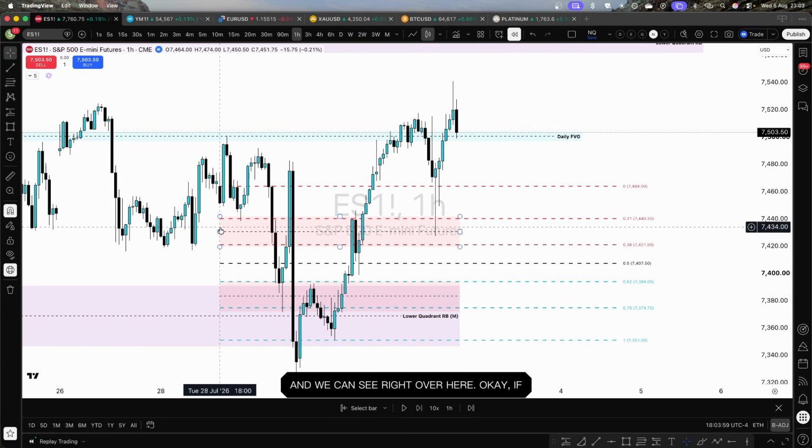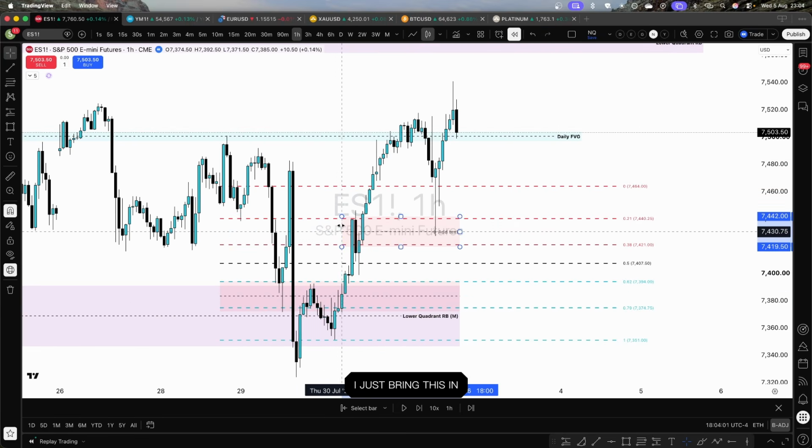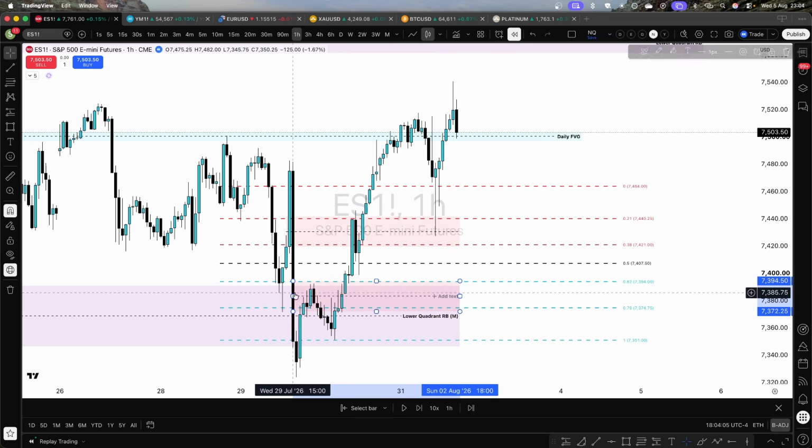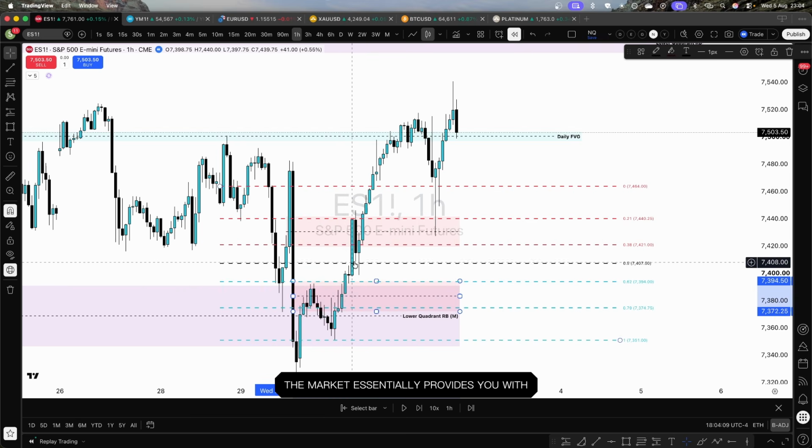Okay, if I just bring this in, the market essentially provides you with an entry right here, but you still don't have a daily confirmation that we're going to go higher. Okay, market then breaks structure on the hourly time frame right here.